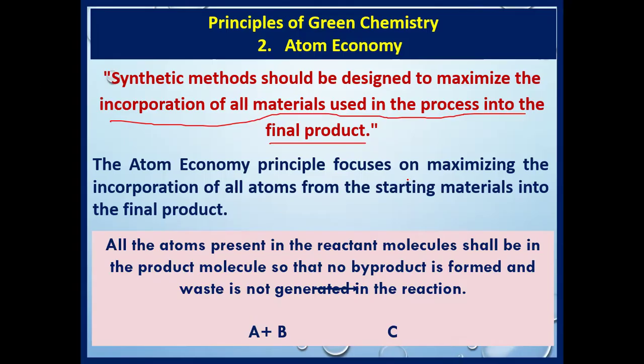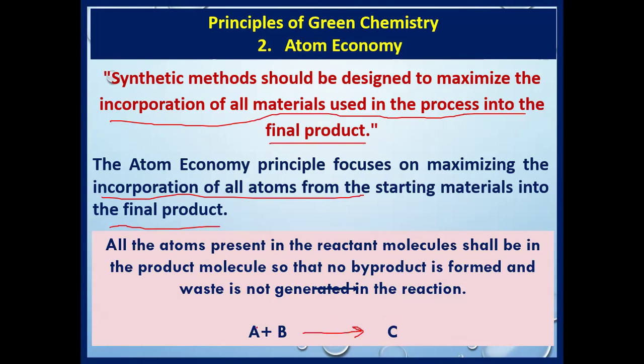So the atom economy principle focuses on maximizing the incorporation of all the atoms from the starting materials or reactants into the final product. So all the atoms present in the reactant molecules shall be in the product molecules, so that no byproduct is formed and no waste is generated in the reaction.